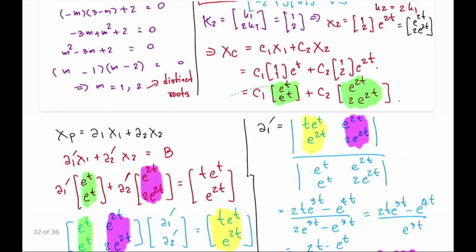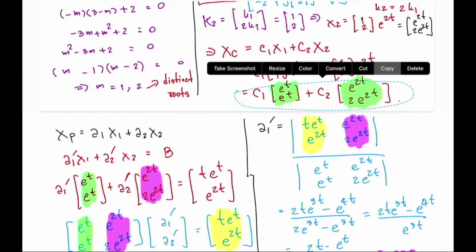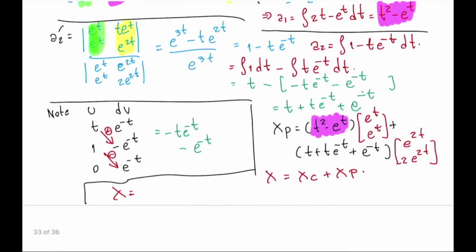Okay, I'll just copy it here. It's xc. You might not be able to do this, but I can. And that is xc. And then you need to plus xp. And xp is actually this guy. Okay, I'll just copy and paste.